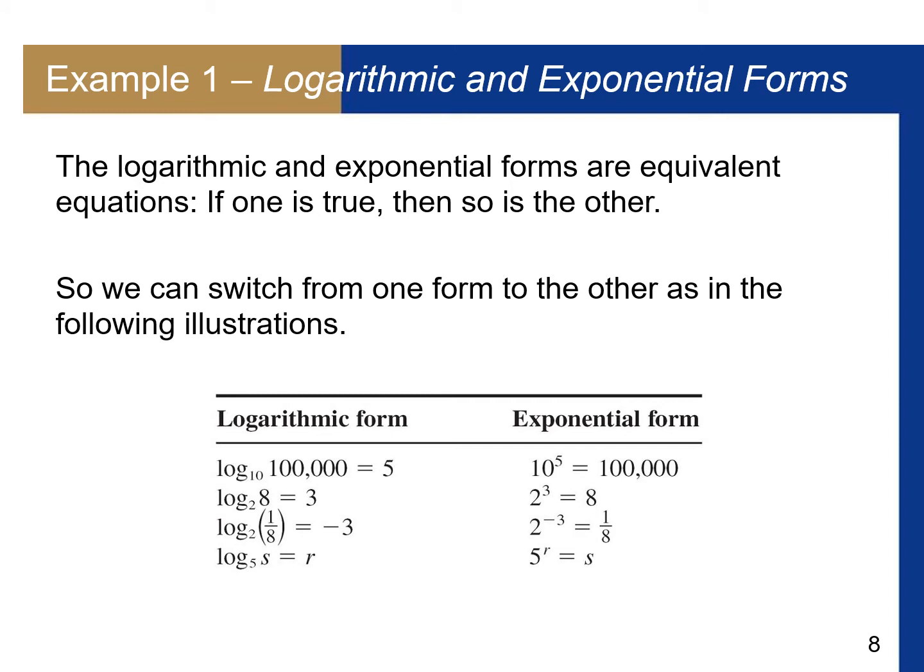And we can take a look at switching these. Here we have 10 to the 5th equals 100,000. 2 to the 3rd equals 8. 2 to the -3 would be equal to 1/8. And 5 to the r would be equal to s.